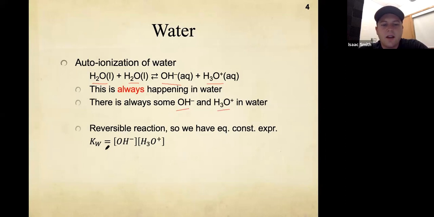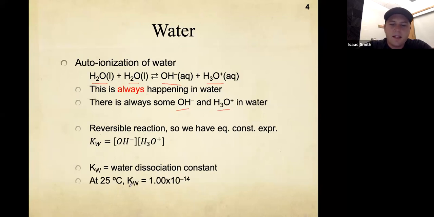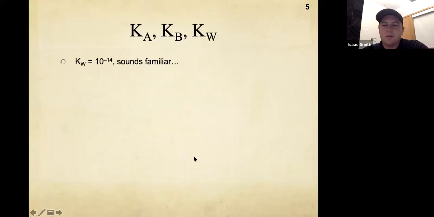So we can write an equilibrium constant expression for this, and water is a liquid, so we're just going to have the concentration of OH minus times the concentration of hydronium. And Kw is what's known as the water dissociation constant, and it equals 1 times 10 to the negative 14. Okay, and you may remember that number, right?